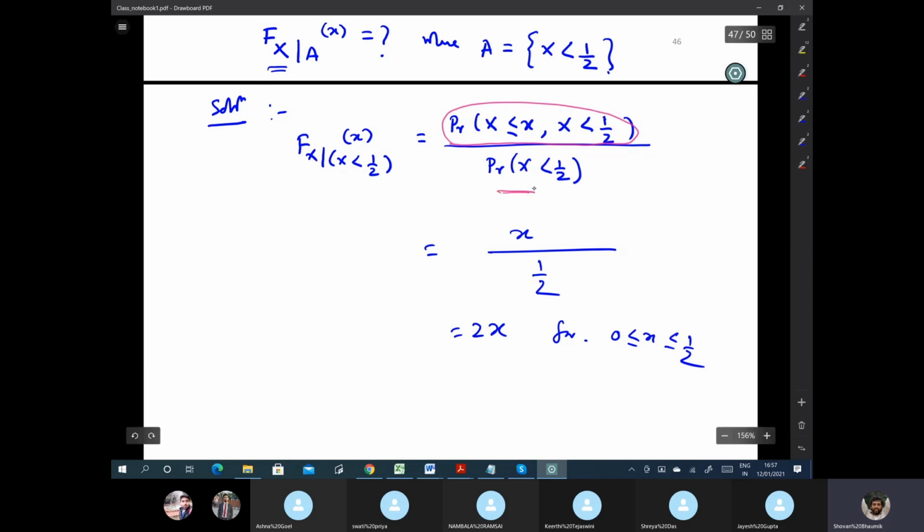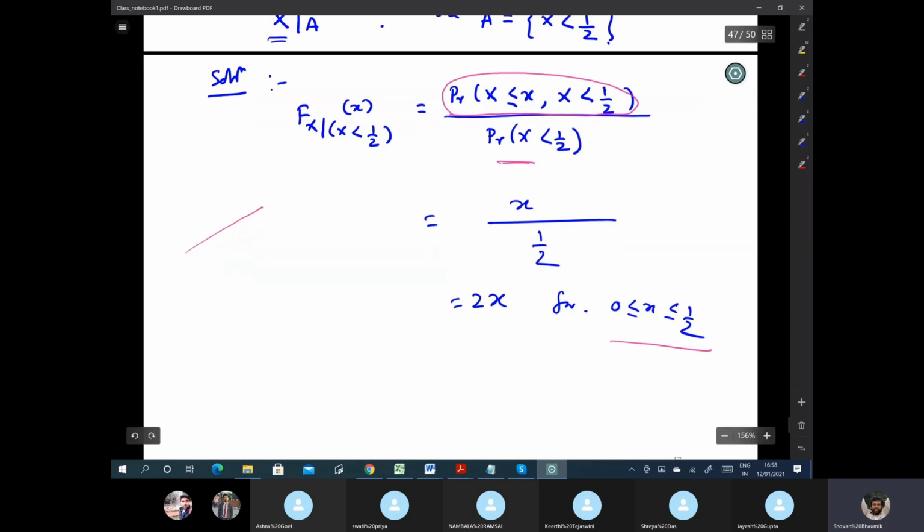And the probability of X less than half is half only, because going from 0 to 1 it becomes 1, and half is the middle point. So x by half will be equal to 2x. But then for which region? We are going from 0 to half, not more than half, so x is between 0 and half.